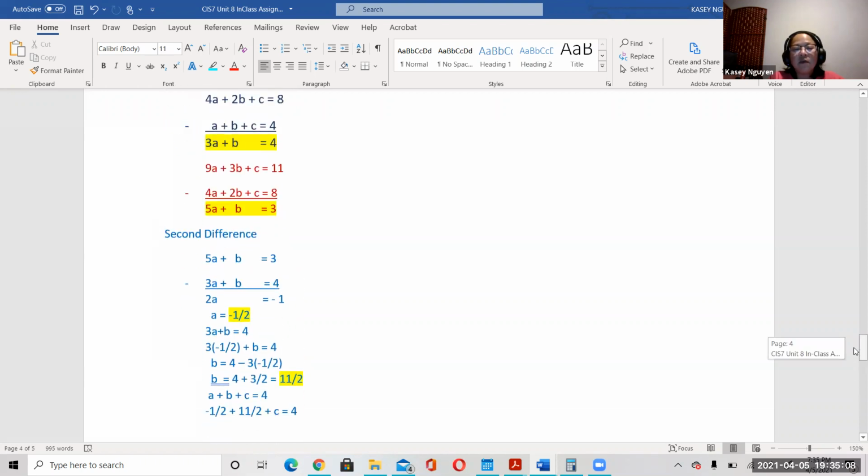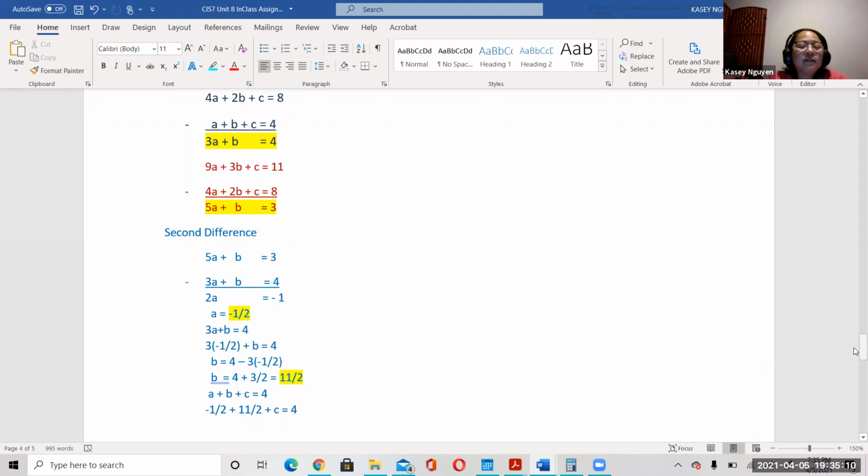This one is a long one, so it goes into the second page. So after that, I should have 5, right? 11/2 minus 1/2, that's 10/2, which is 5. 5 plus c equal to 4, so c is -1. Once I have a, b, and c, I would then plug it back into the original equation, right?